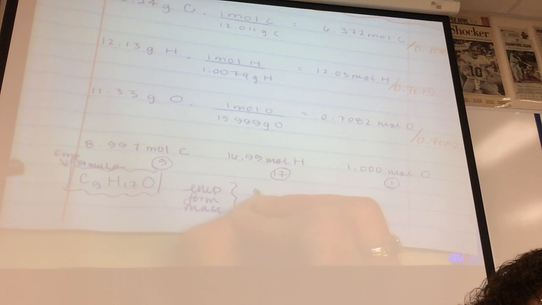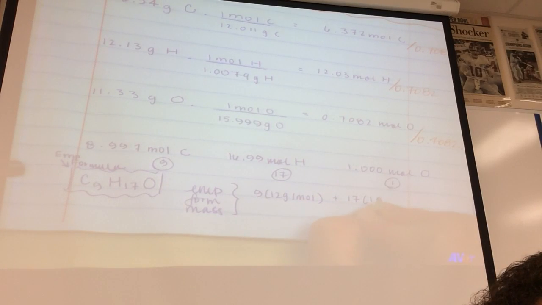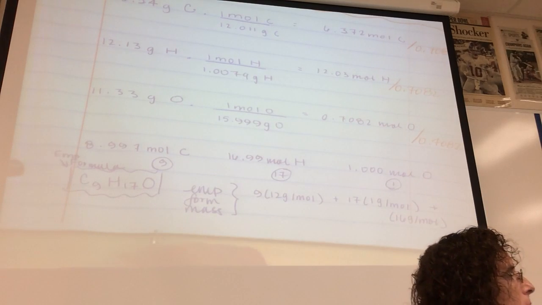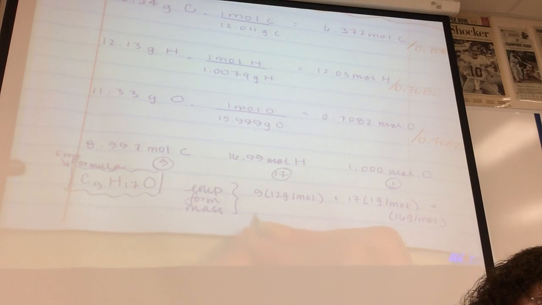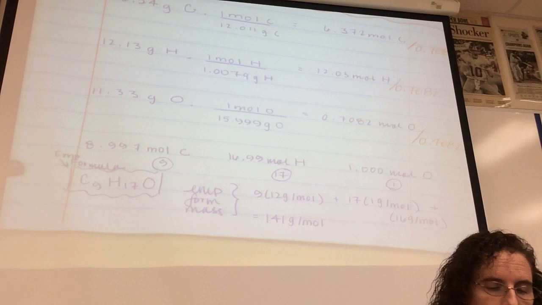So that's going to be 9 times 12 grams per mole plus 17 times 1 gram per mole. We're just using mass numbers as we've done 3 times already, plus 16 grams per mole. And that's going to be 141 grams per mole. That's the empirical formula mass.